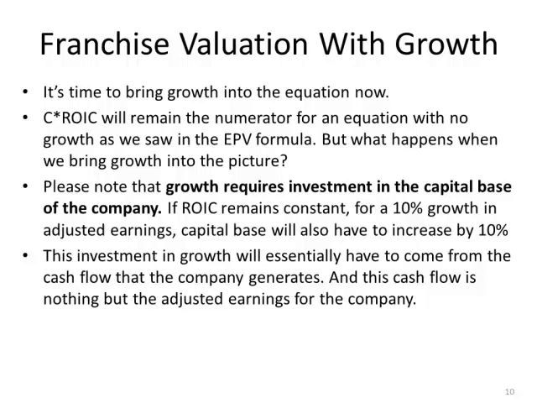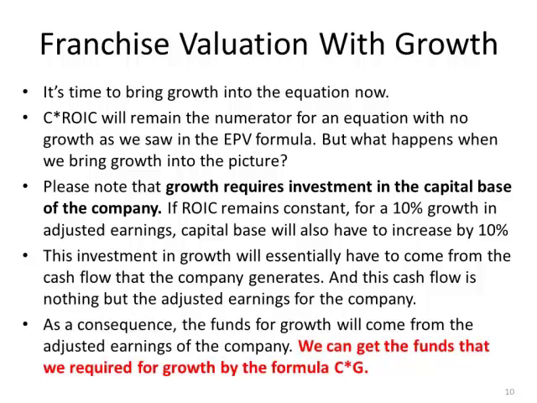For the company to grow its earnings, it needs to grow its capital base, and that additional capital base is going to come from the adjusted earnings of the company. In a particular period, it will have a certain investment, earn a certain return, and then use its earnings to increase its capital base for next time and create even higher earnings. As a consequence, the funds for growth will come from the adjusted earnings of the company.